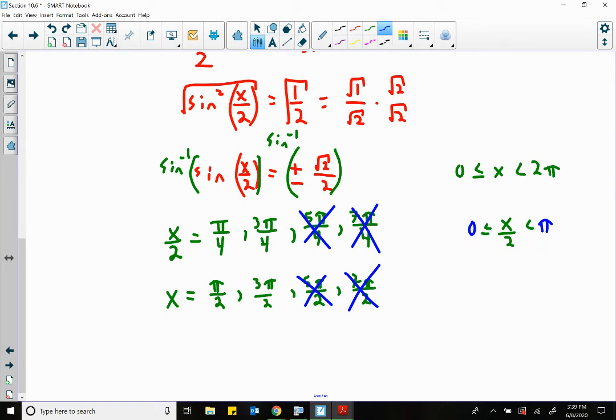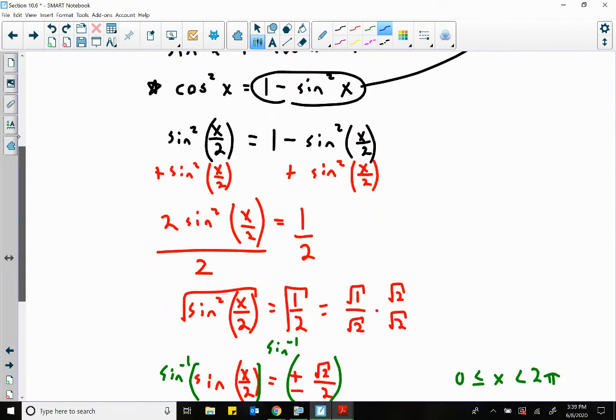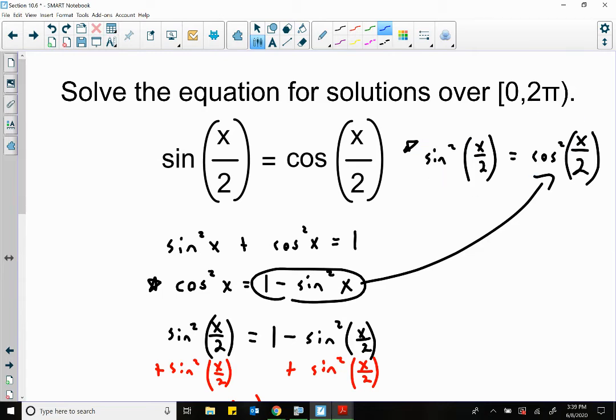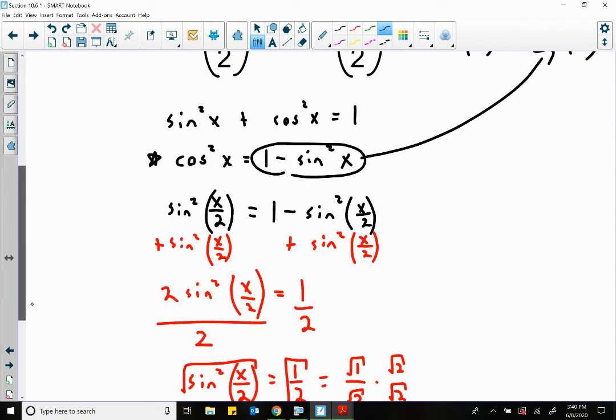Okay? Now, the other thing that happened in here, because we did squaring in the beginning, because of this, and we squared it, we do have to check our answers in the end.